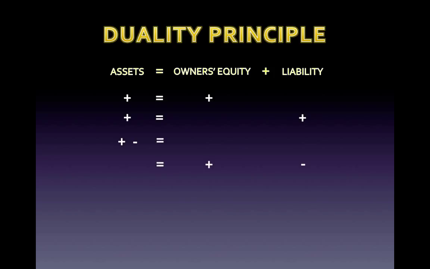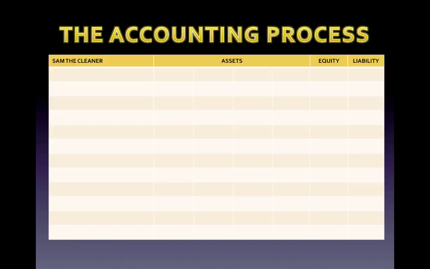Okay, so that again the accounting equation is balanced. So the rule is that every transaction must have at least two or more effects on the accounting equation.